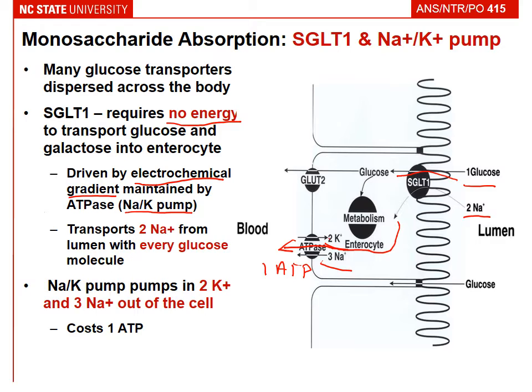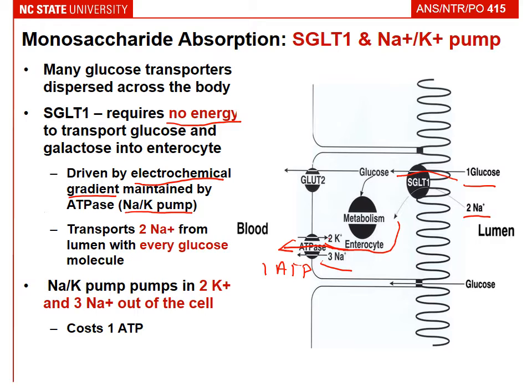So once we have our monosaccharides, we need to absorb them. We've already talked about SGLT1 and sodium potassium pumps, so we're not going to spend too much time on this, but it's always good to review.